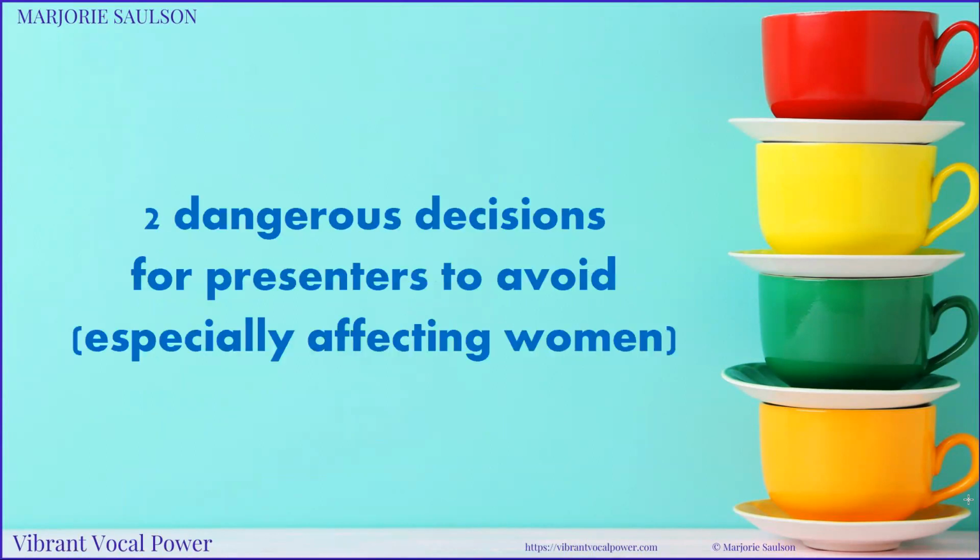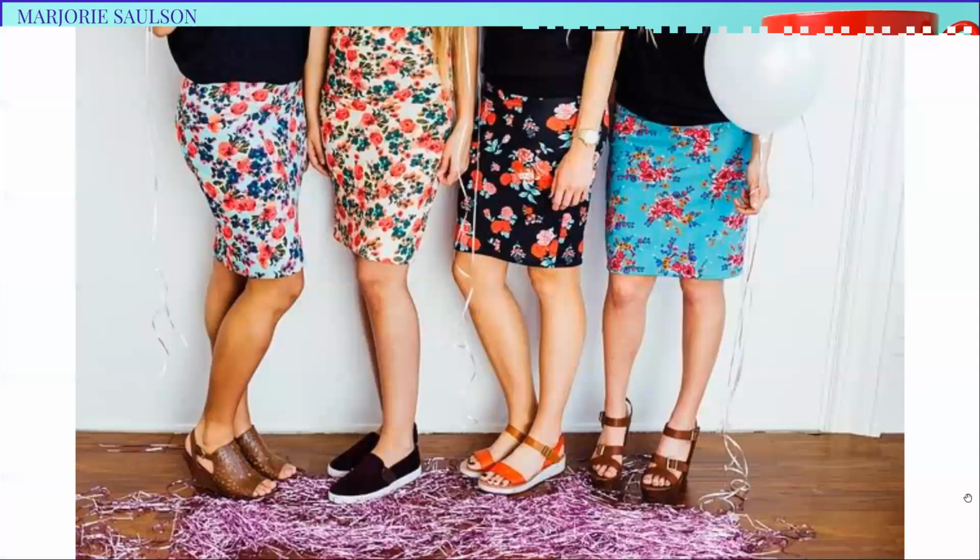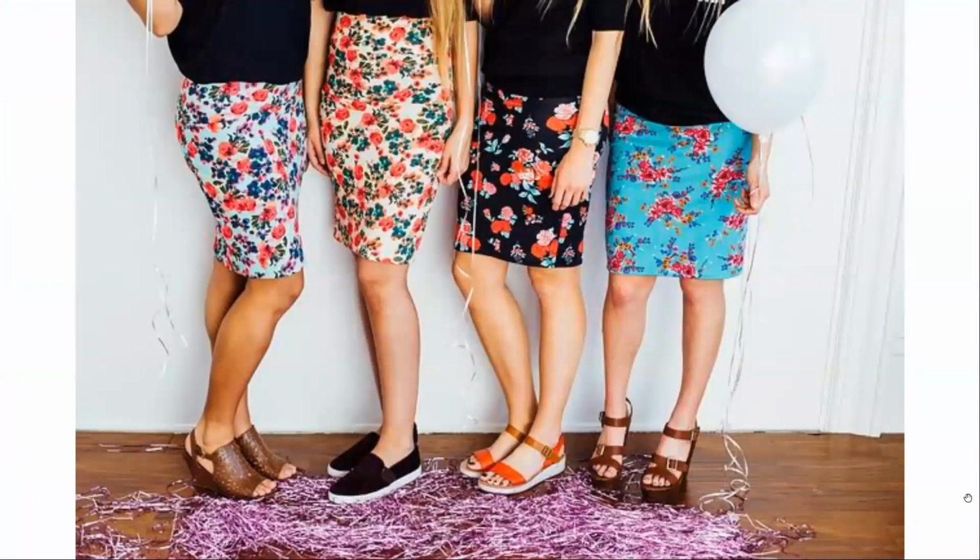Now, there's a couple of dangerous decisions that I suggest presenters avoid, and these especially can affect women. Number one, when you are picking out clothing, you really don't want to pick something that's shouting so loudly at the audience who's looking at you that they can't hear what you're saying. Be careful that you don't wear something that's really out there, so far out.